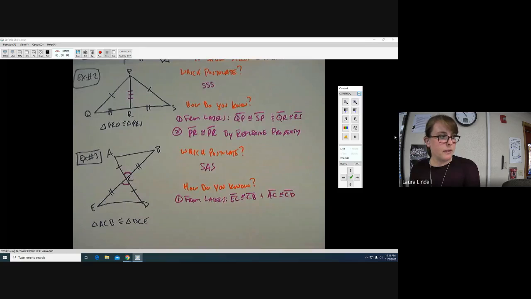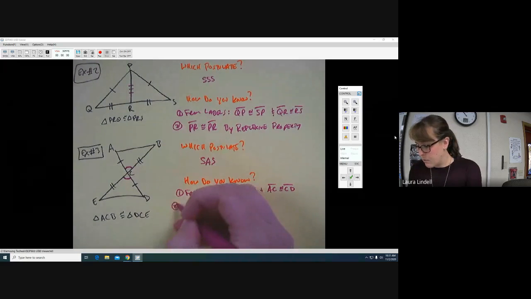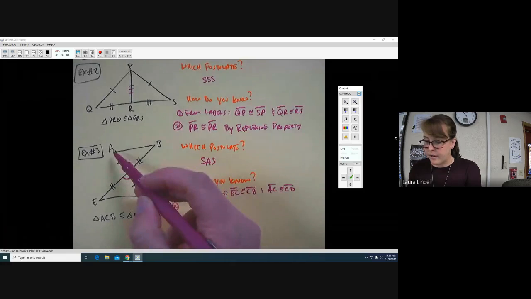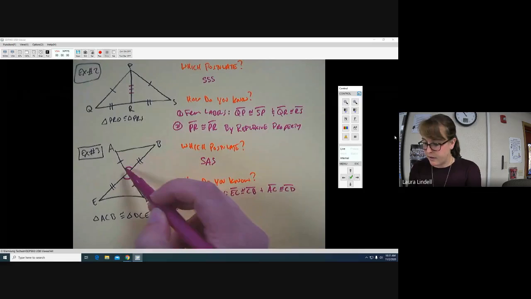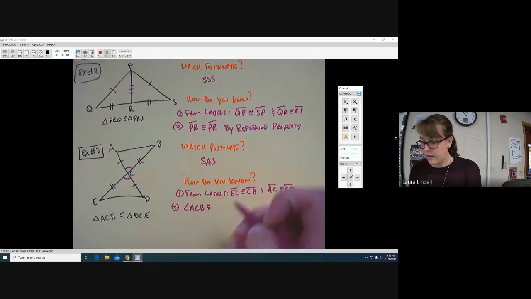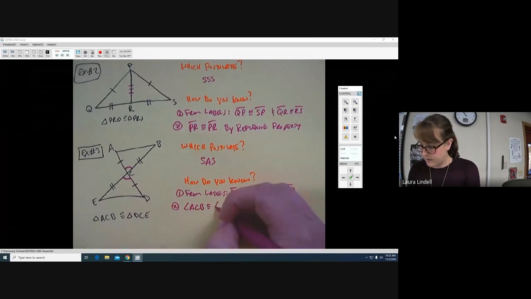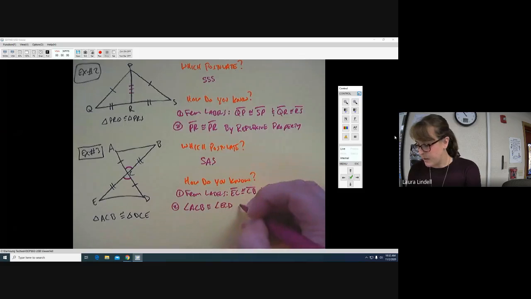That's what was already labeled in the picture for us. Then from the one that we labeled, we know that angle ACB, this angle here, is congruent to angle ECD, this angle right here, because they are vertical angles.